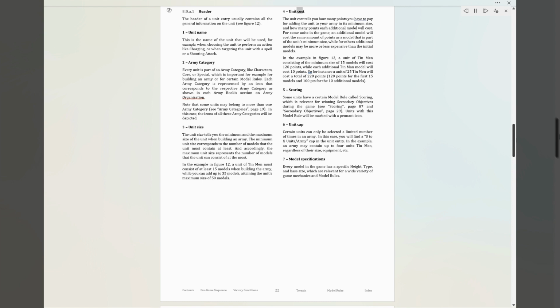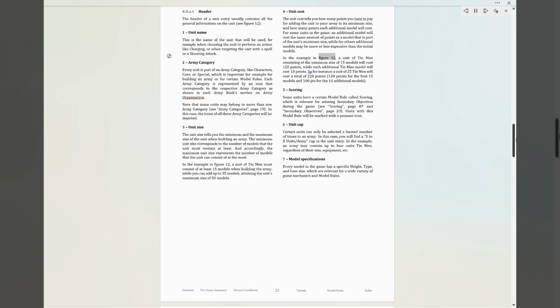Unit cost. The unit cost tells you how many points you have to pay for adding the unit to your army at its minimum size, and how many points each additional model will cost. For some units in the game, an additional model will cost the same amount of points as a model that is part of the unit's minimum size, while for others additional models may be more or less expensive than the initial models.